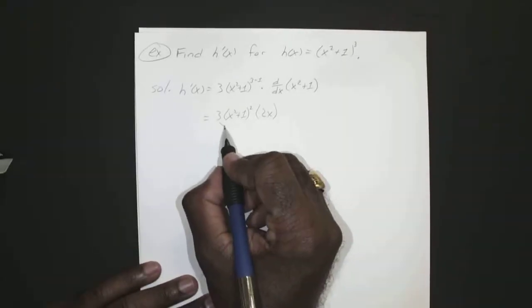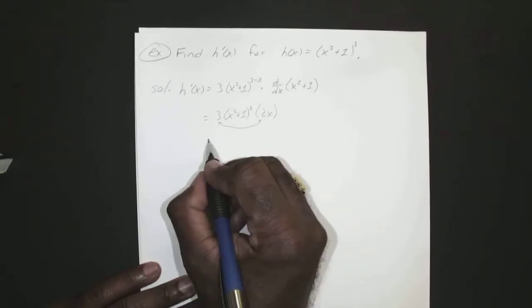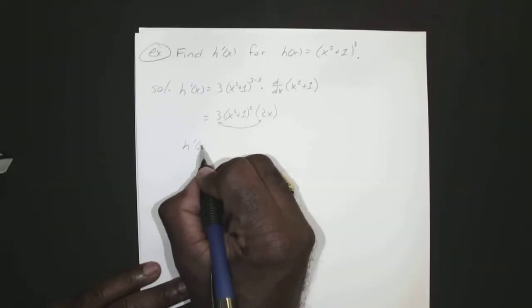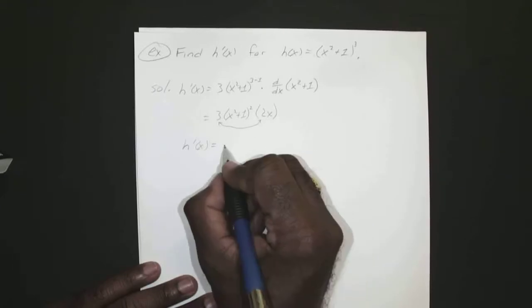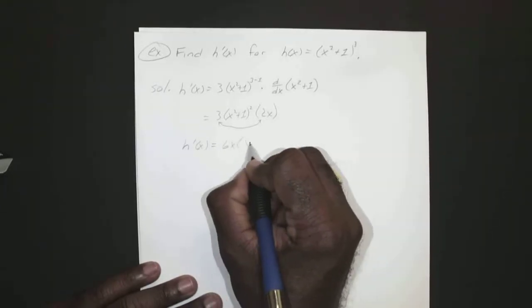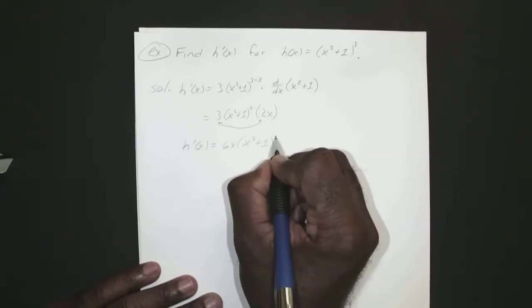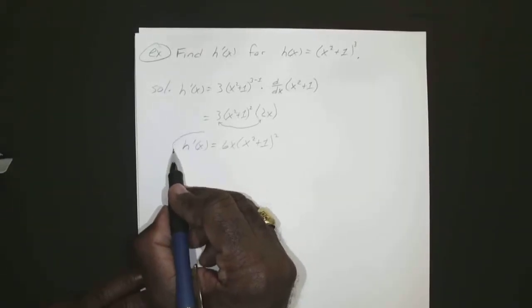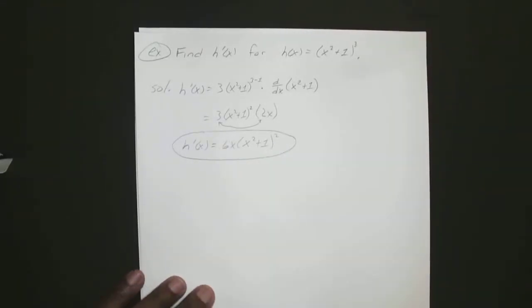Okay, so once we combine those two, our h prime of x is equal to 6x times (x squared plus 1) squared. All right, any questions on that one?